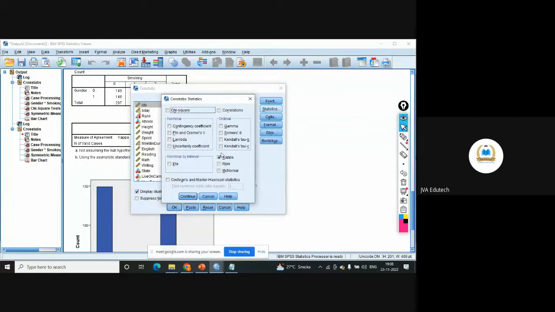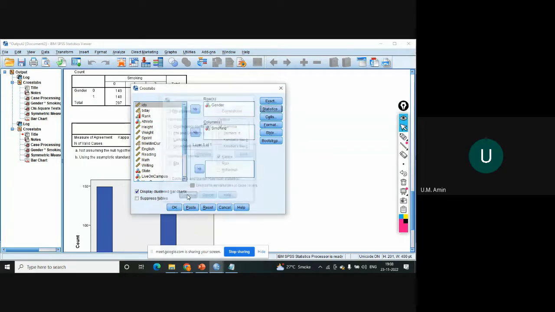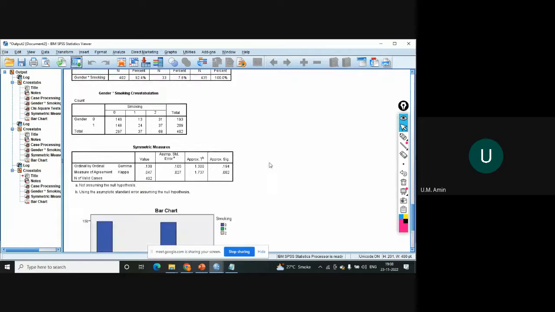You can use this gamma, and see the value of the gamma. For ordinal measurement, we use gamma. For nominal measurement, we use kappa, which is also known as measure of agreement.